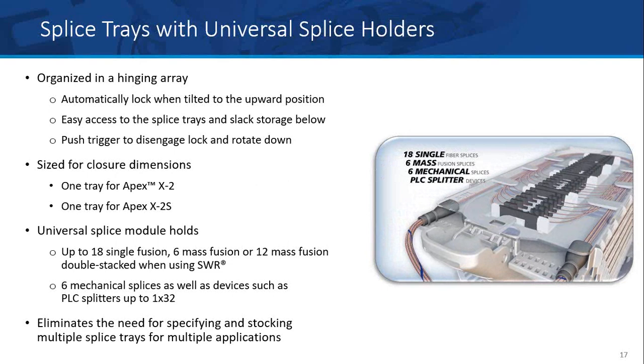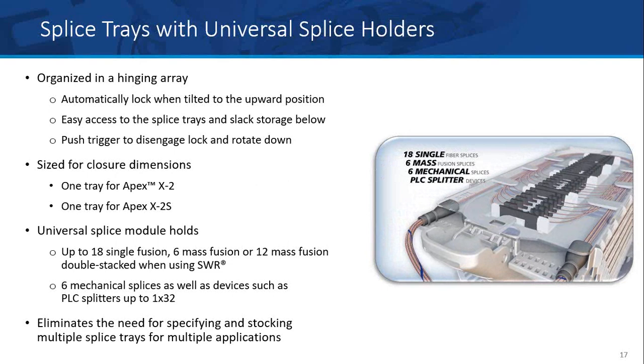And we've even tried some of these really tiny splice holders from Europe. They all hold, and they actually pass the GR 771 drop test. So you can use those and triple stack them per slot, and they don't fall out. In the same slot, you can put mass fusion splices, mechanical splices. You can even put PLC splitters and slide them into the module. So it's truly universal for all the types of fusion splicing that you're doing, or even mechanical splices or splitter devices. So it's one type of tray for multiple applications across the board.